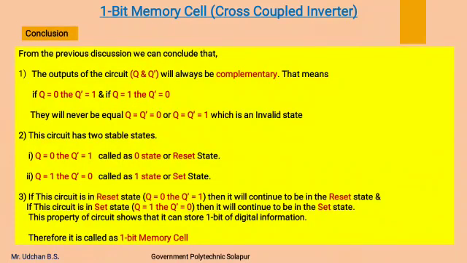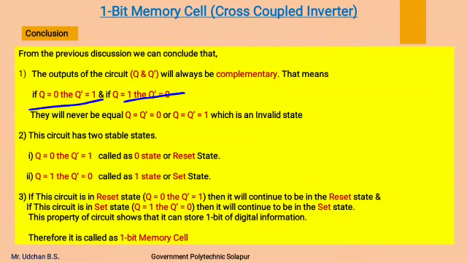So based on this operation, we can conclude that the outputs of the circuit, that is Q and Q complement, are always complementary to each other. That means if Q is 0, Q complement will be 1, and if Q is 1, Q complement will be 0. They will never be equal to each other.